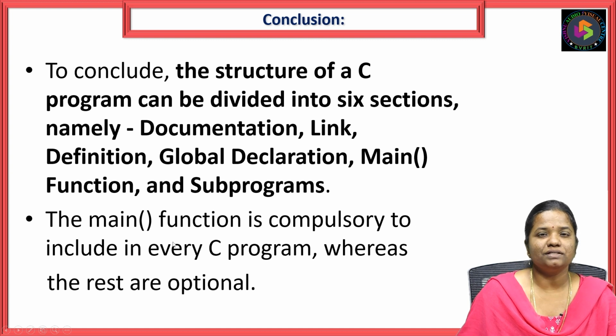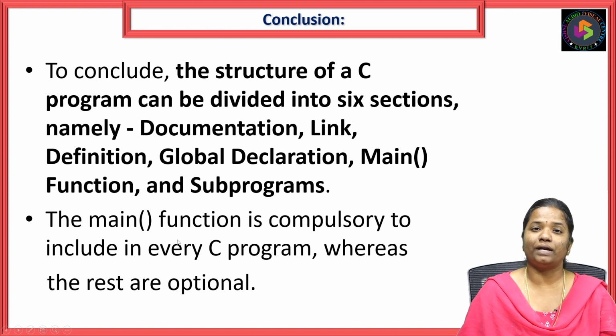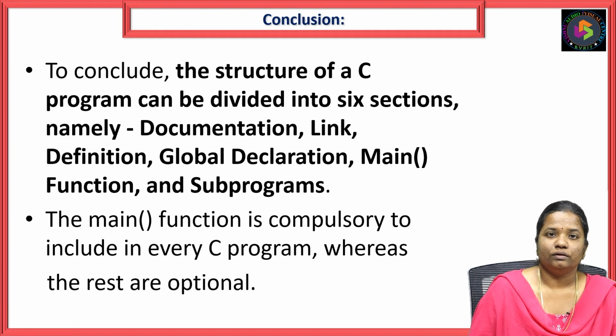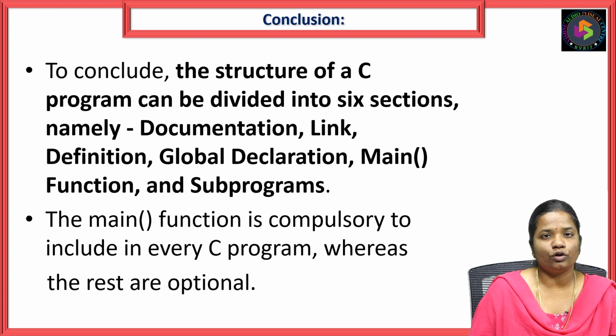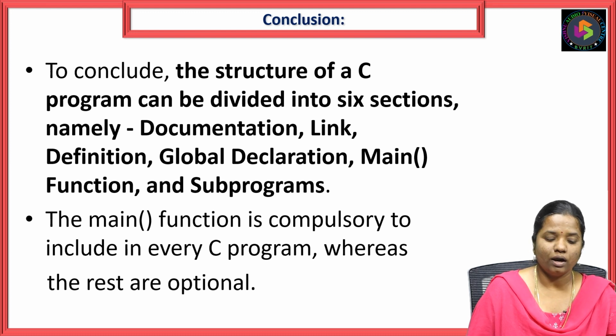If you use the main function section, you are able to write the C program. By taking the support of the link section and main function section, we can write a number of programs. The rest of the sections are optional.